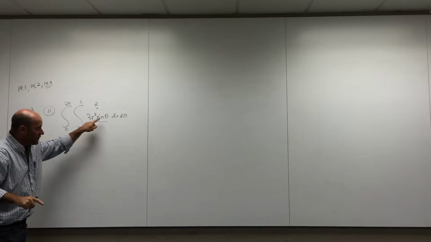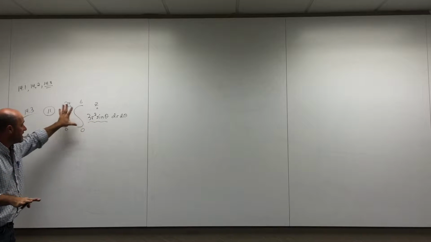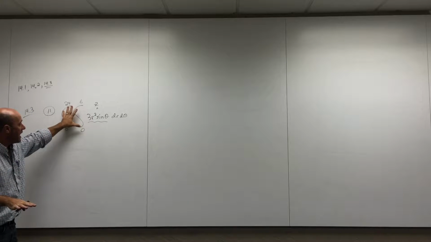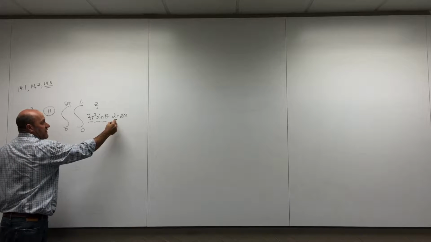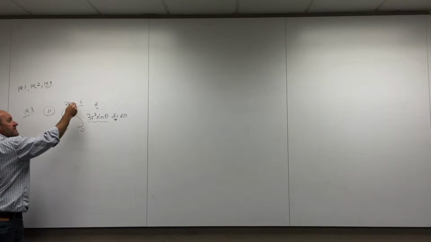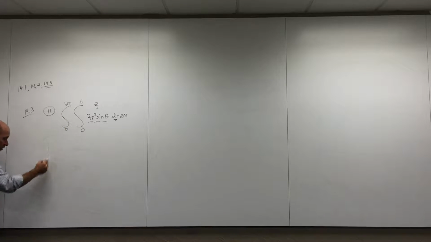So this isn't about the surface. The region R is described in the bounds. Let's talk about that real quick. r is the variable that goes from 0 to 6. If you know your polar coordinates, r is kind of a stick that goes from the origin out.